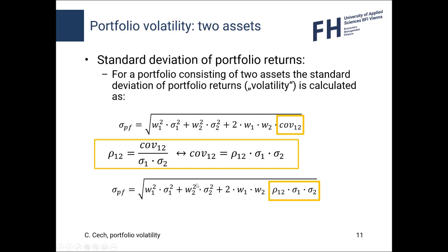And if this holds, you know that you can express the covariance like this: correlation between asset 1 and 2 times the volatility of asset 1 times the volatility of asset 2. And this is what we have done here. We have written down the covariance in a different way.